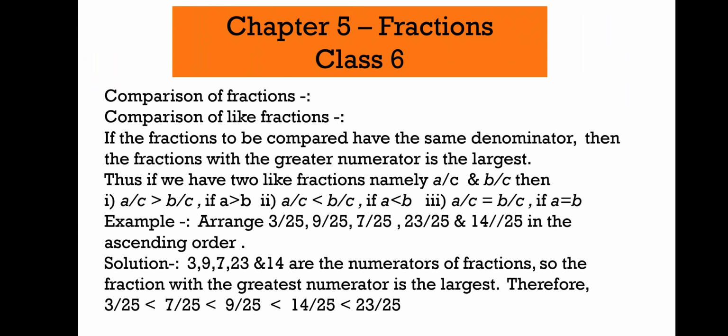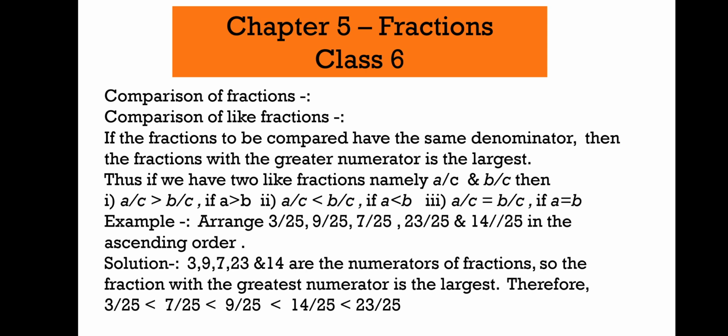Comparison of the fractions is the next unit. Comparison of like fractions. If the fractions to be compared have the same denominator, then the fraction with the greater numerator is the largest.